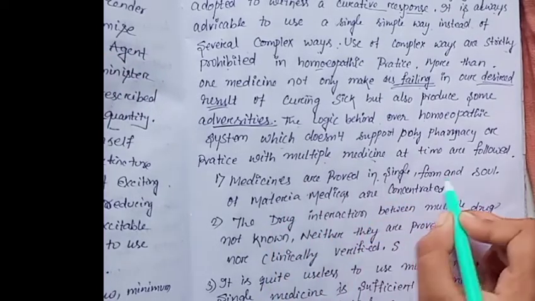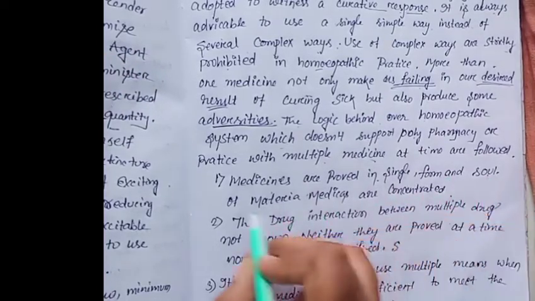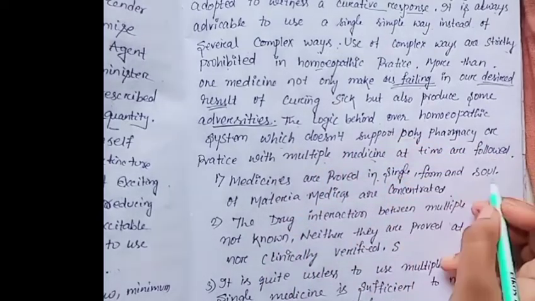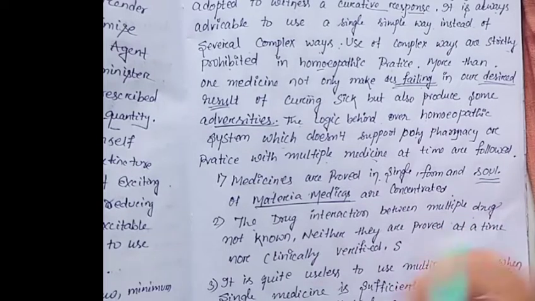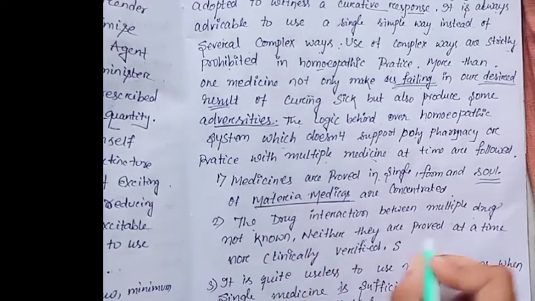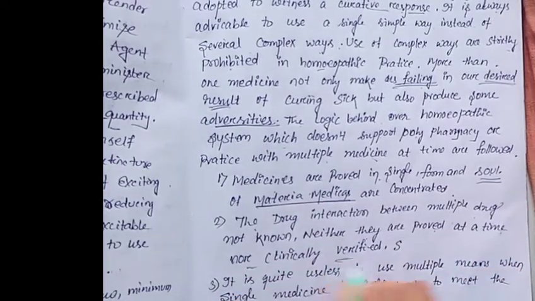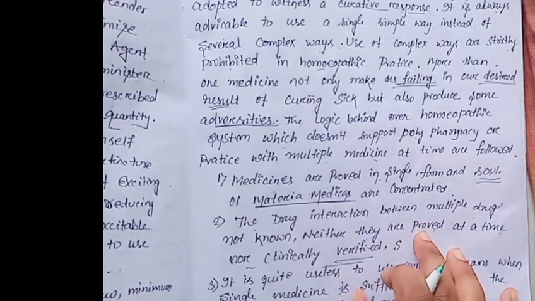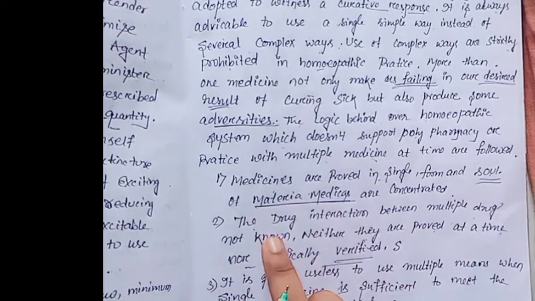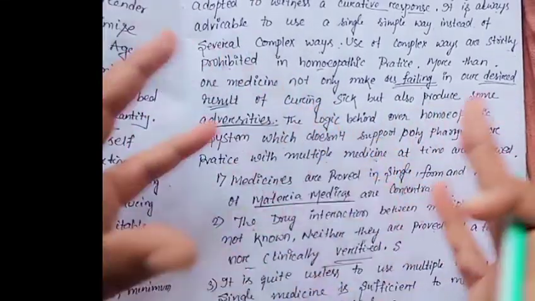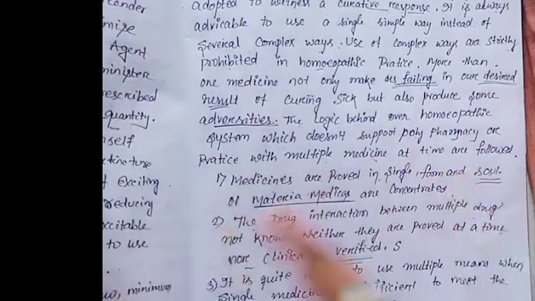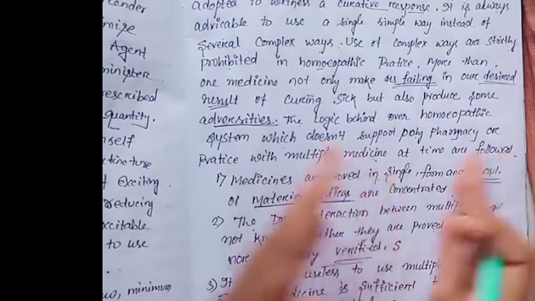Medicines are proved in a single form, and the symptoms which arise in this form are the soul of the materia medica. The drug interaction between multiple drugs is not known, neither are they proved at a time nor clinically verified. So due to this also polypharmacy is discarded, because we don't prove multiple drugs at a time, so we do not have a strong relationship between one drug and another.